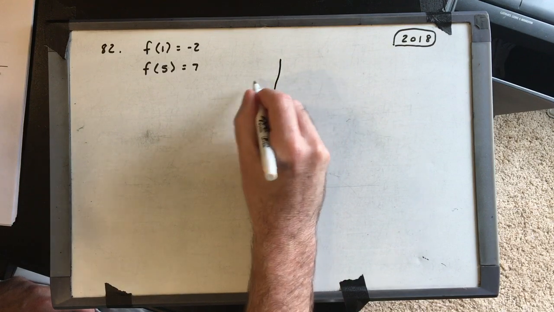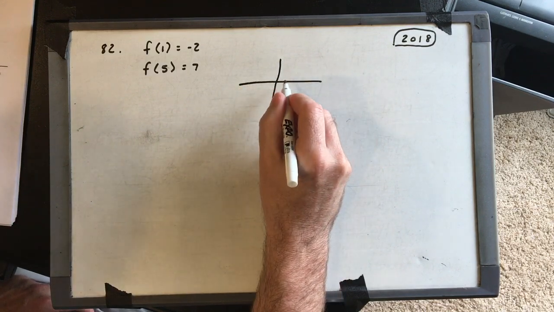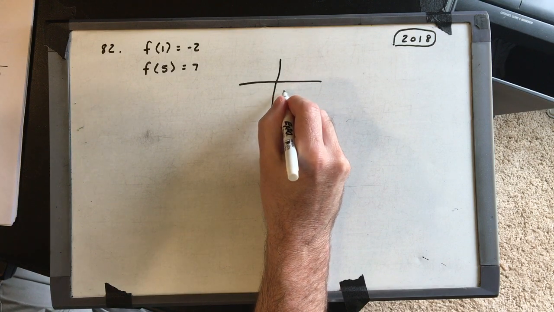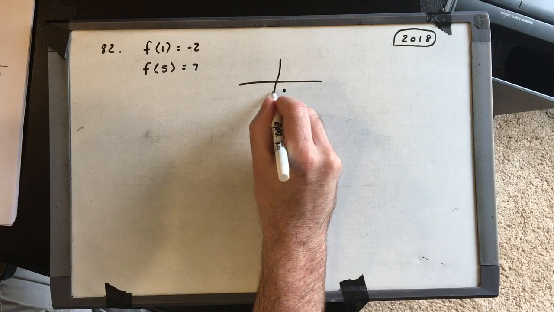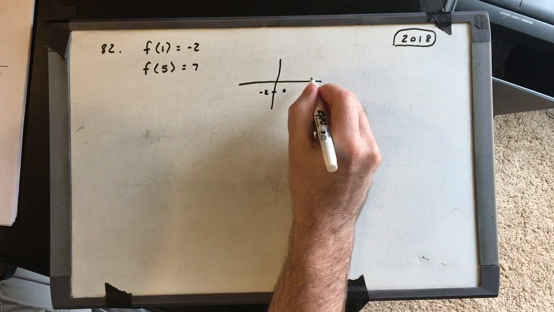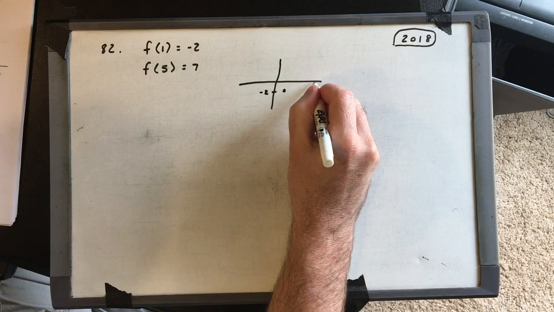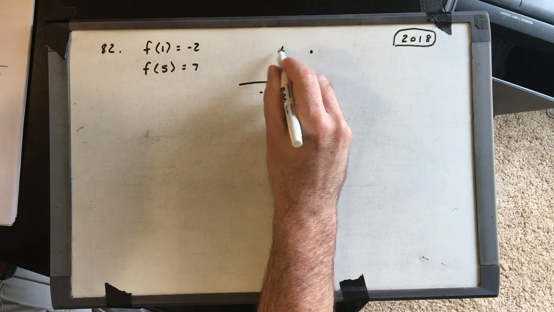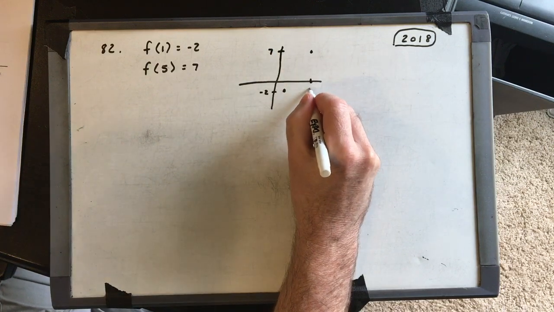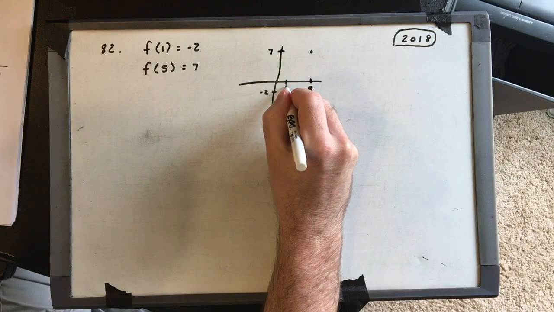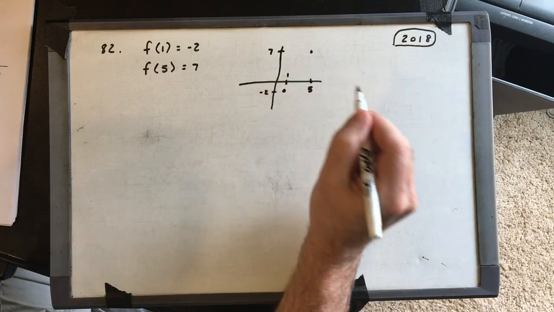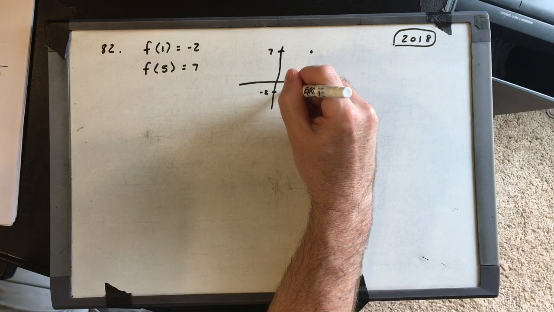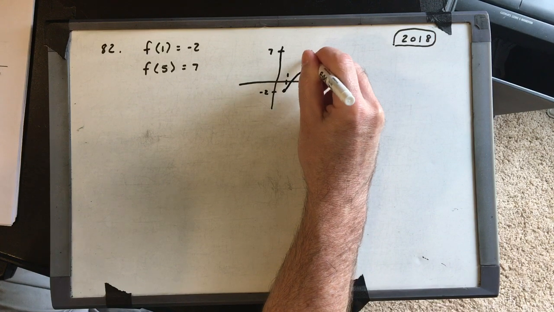Okay, let's plot our points. When x is 1, y is negative 2. That'd be like right here. When x is 5, y is 7. Let's say that's somewhere up here. Okay, so we know, it may not be a straight line, but we know somehow, we got to get there.